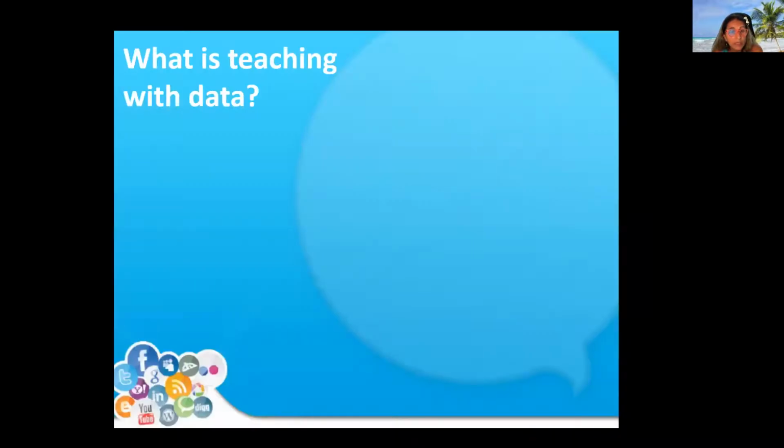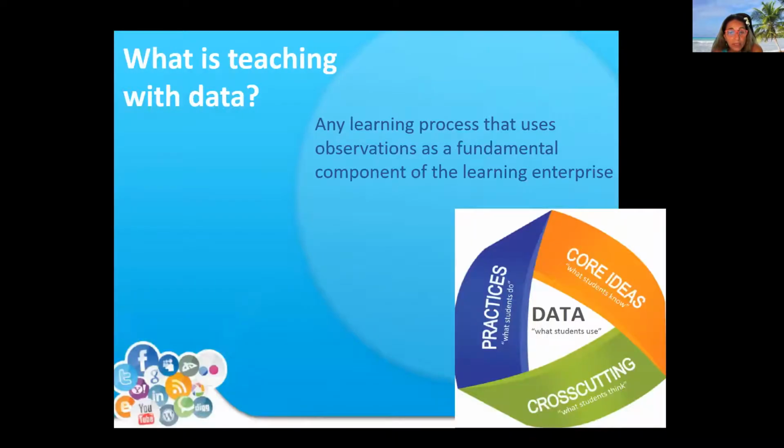So what do I mean when I say teaching with data? Any learning process that uses observations as a fundamental component of the learning enterprise will be considered teaching with data. However, in this specific case, we want the data to be the center of the experience the students are having in the learning process.